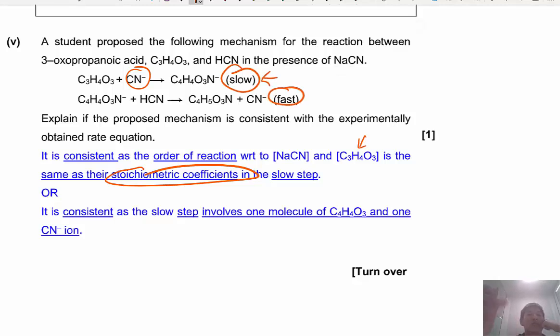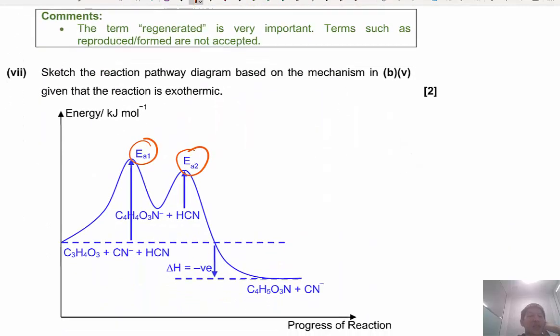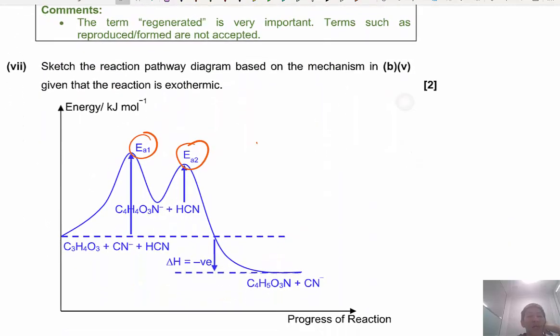The first step is a slow step, so the EA must be higher. If the activation energy is low, the rate will be faster, correct? So if the rate is slow, the activation energy is high. So indeed, this is what we see here: EA1 more than EA2.